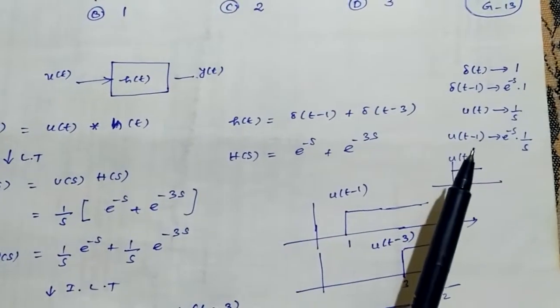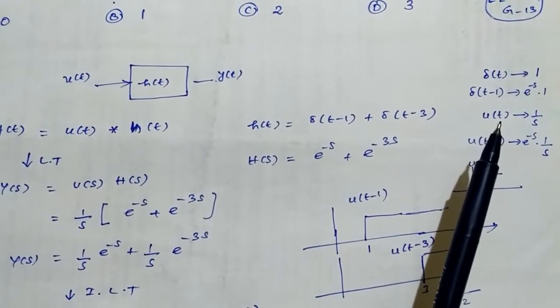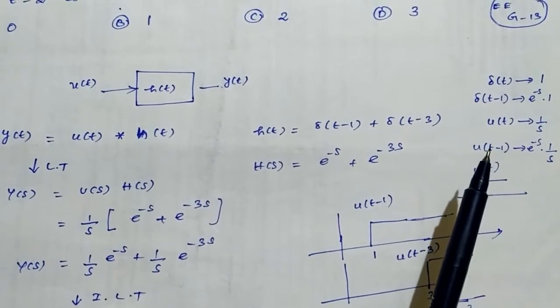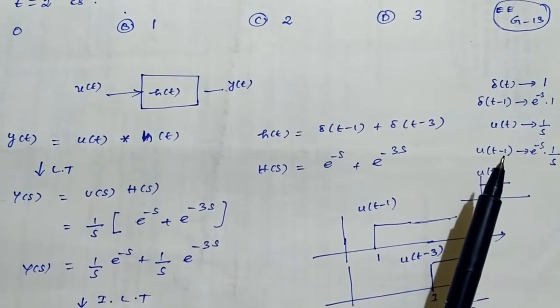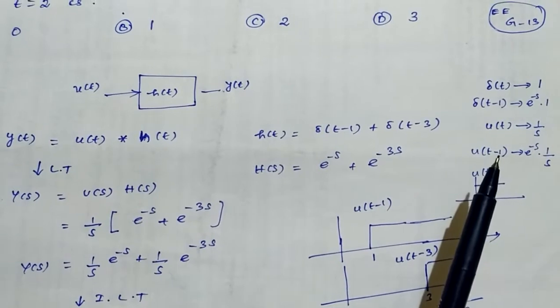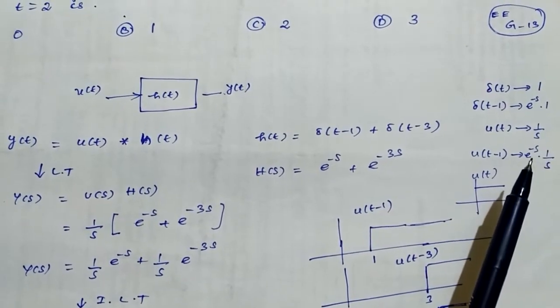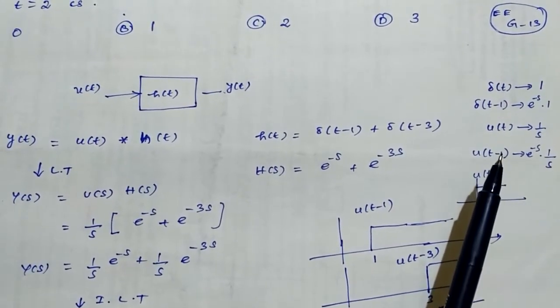Again come here. The Laplace transform of u(t) is 1/s. When this step function is delayed by 1, this 1/s is multiplied by e^(−s), since it is shifted by 1.